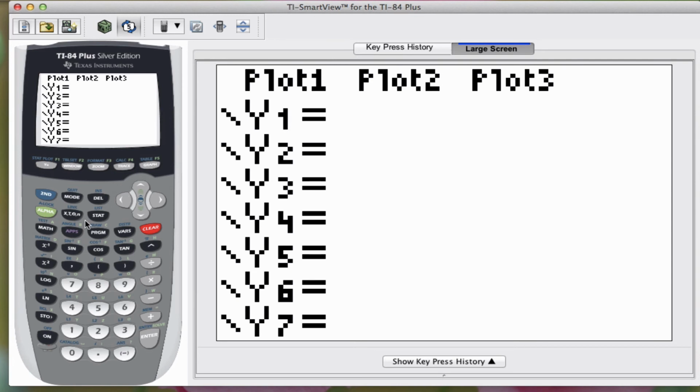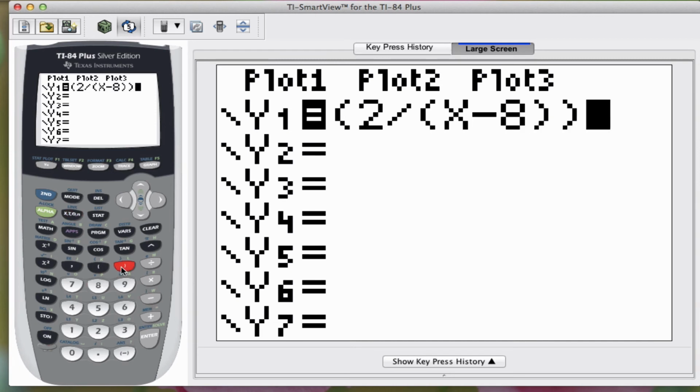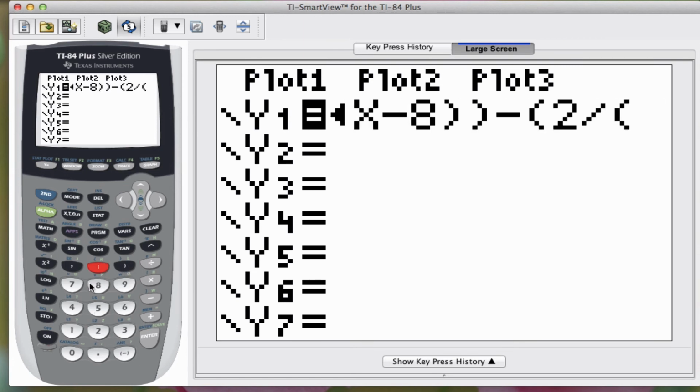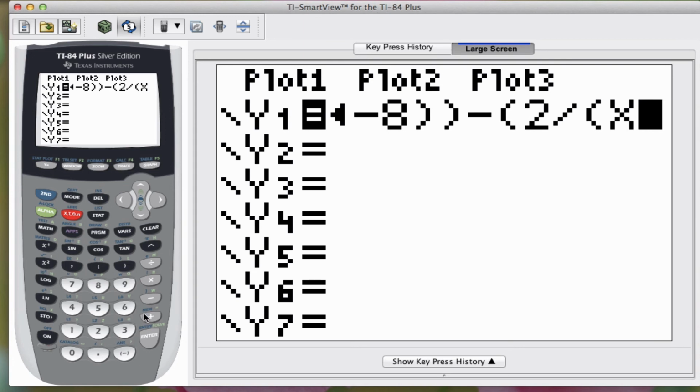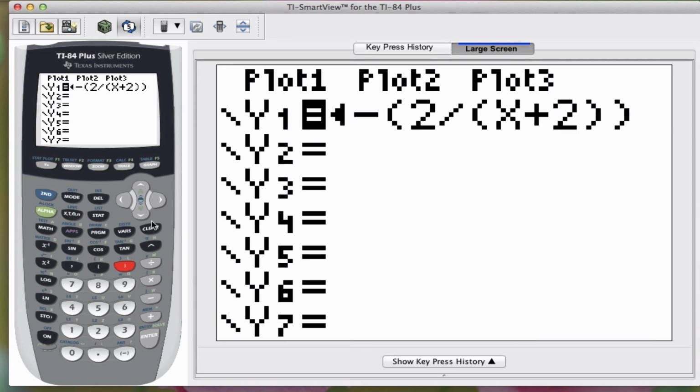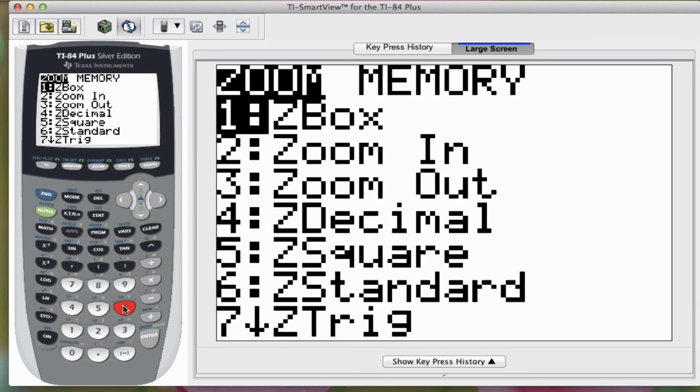Graph number 3 here, I'm going to do 2 divided by, and then I need to quantify x minus 8, double parenthesis, minus 2 divided by, and then I need to quantify x plus 2. Quantify just means put it in parentheses. And then I'm going to press zoom 6 here to graph it.